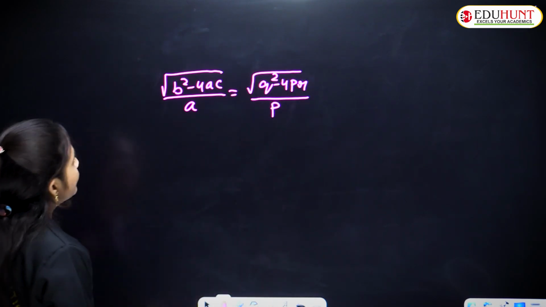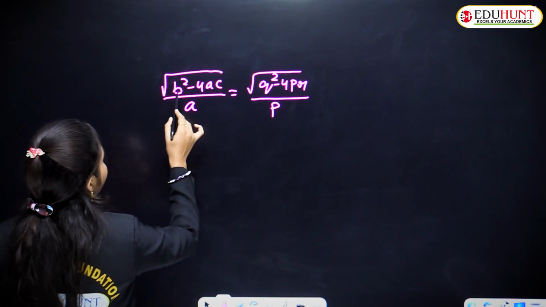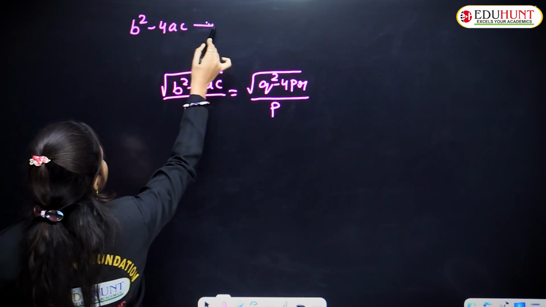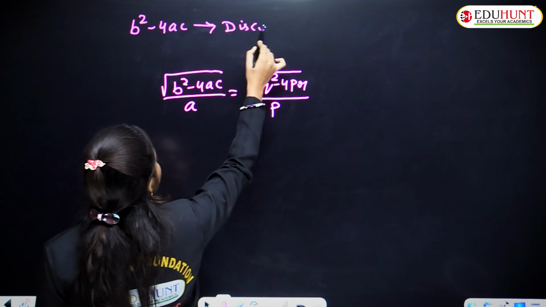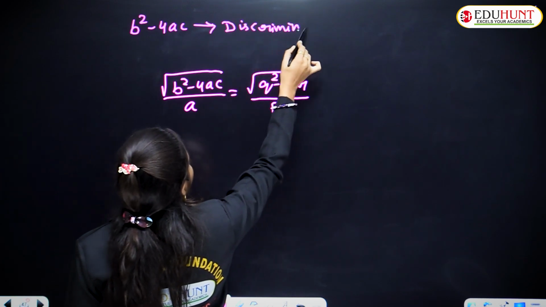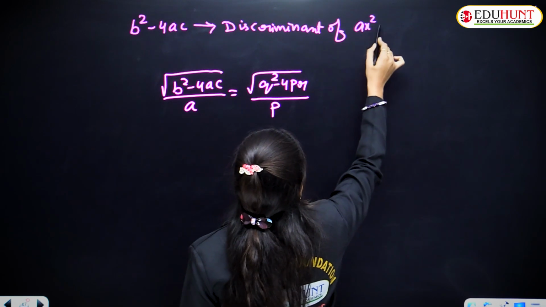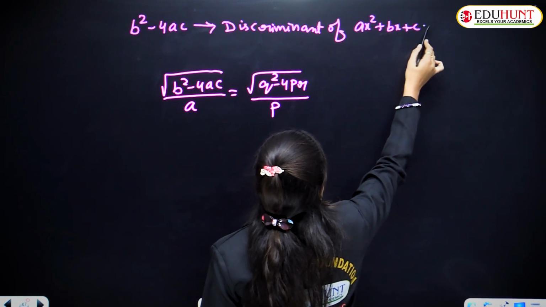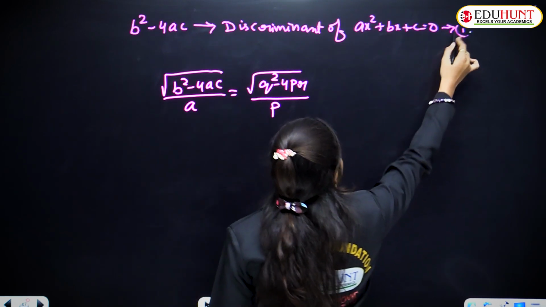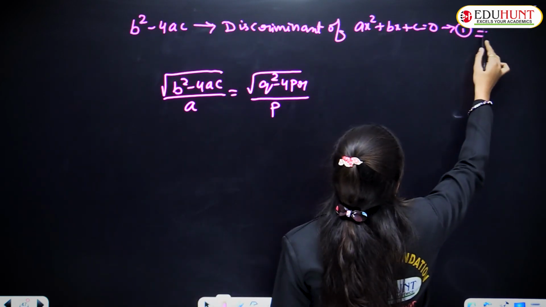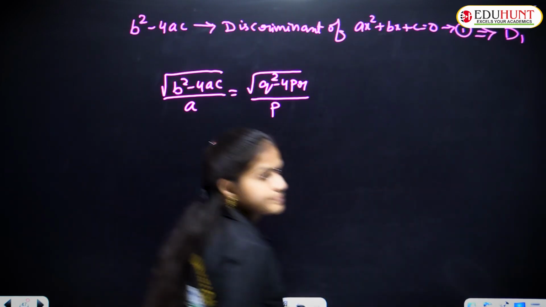Understand? Now here we just have to take that b square minus 4ac. b square minus 4ac is the discriminant of the first one, the discriminant of ax square plus bx plus c is equal to 0. So this is the first equation, no? So let us take this as D1.